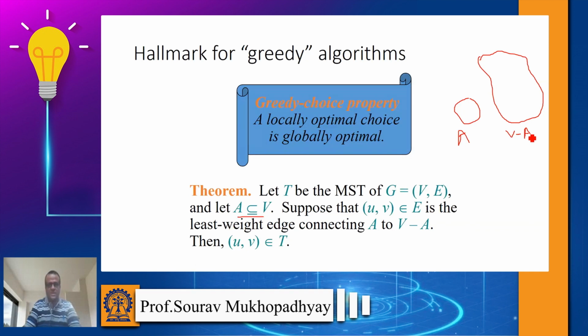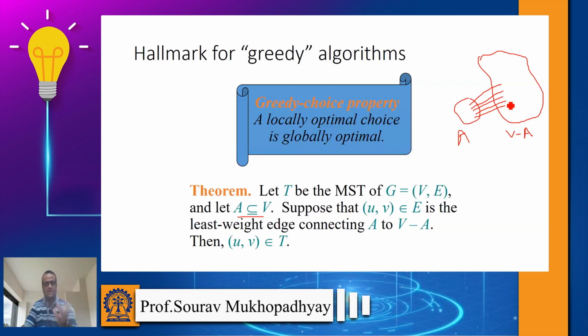Now, this theorem says: consider all the edges which have one end in A and another end in A complement. These are called bridge edges. If U is here, V is here, and UV is an edge, consider all such edges.